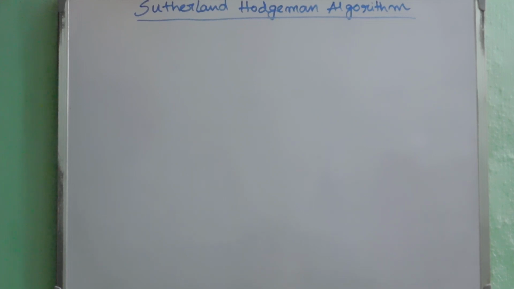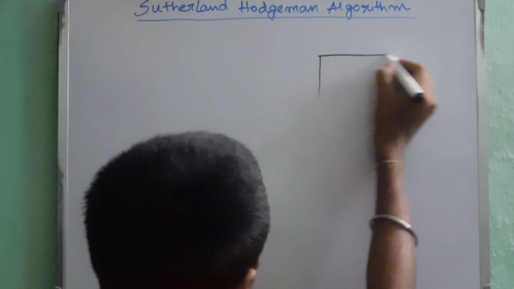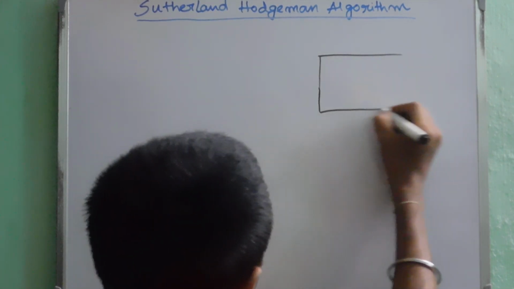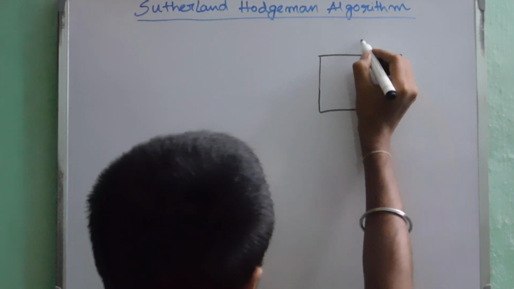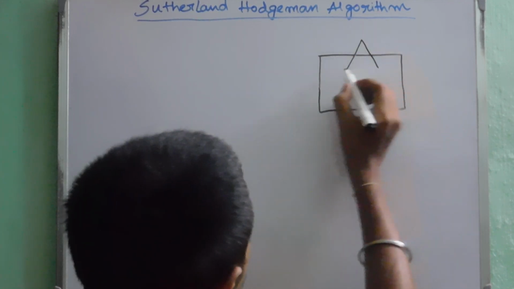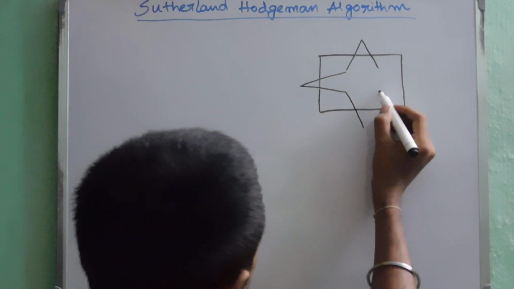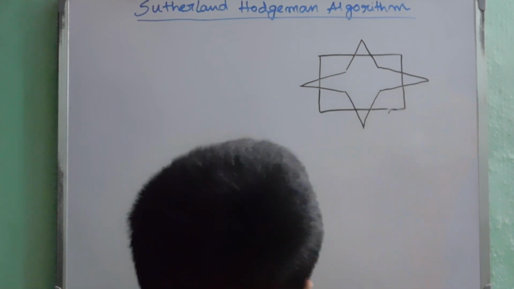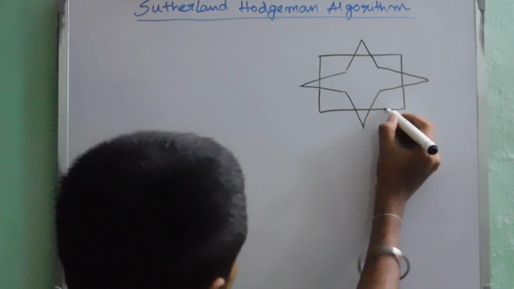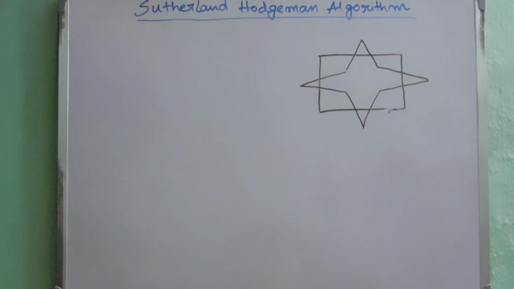Okay, so now let's say we have a polygon like this. Okay, so this is a polygon and the rectangle is the window.